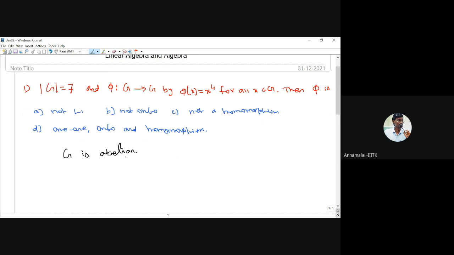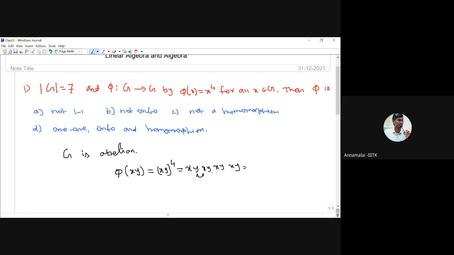Okay. Now, look at this function pi. So first you have to check this is a homomorphism or not. So therefore, what you have to check: pi of xy equal to pi of x into pi of y or not. So by the definition, pi of xy is nothing but (xy) power 4. That is (xy) power 4 is nothing but you have to multiply xy 4 times. Since the group is abelian, we can interchange this x and y, therefore we get x square.